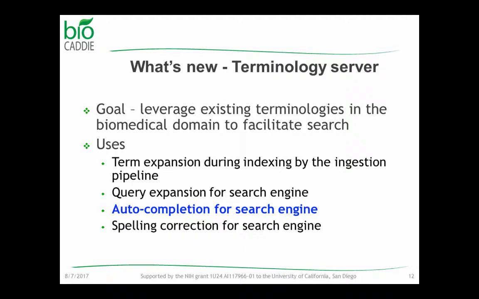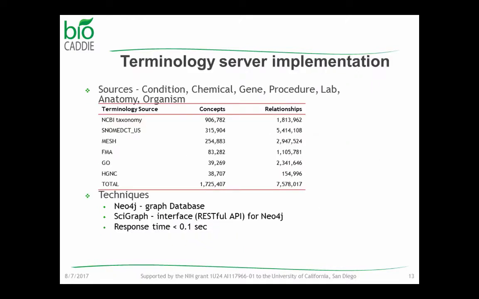Recently we re-implemented the auto-completion when you're doing the search, and you can try it out, and also correct the spelling errors when you're doing the search. And here are a few details about the implementation of the terminology server. We collected a few reliable terminologies and implemented them into the Neo4j graph database, using SiteGraph to interface with the database.